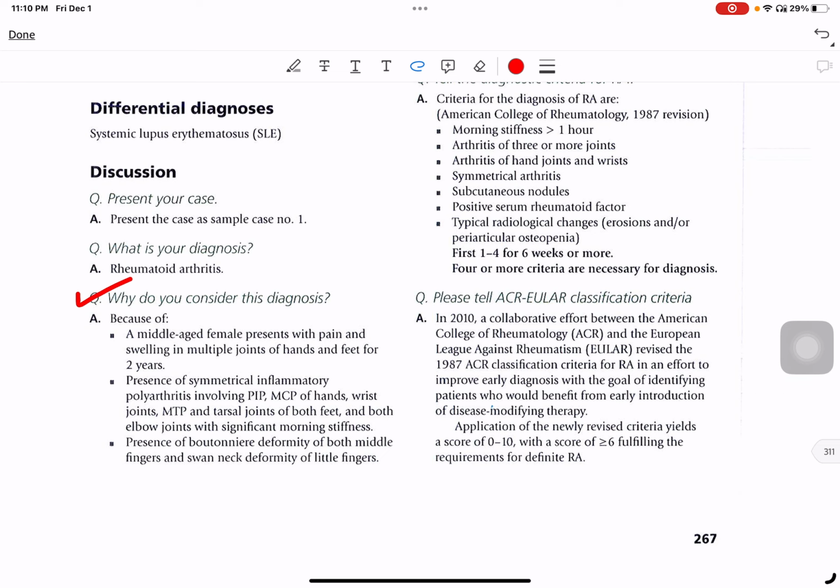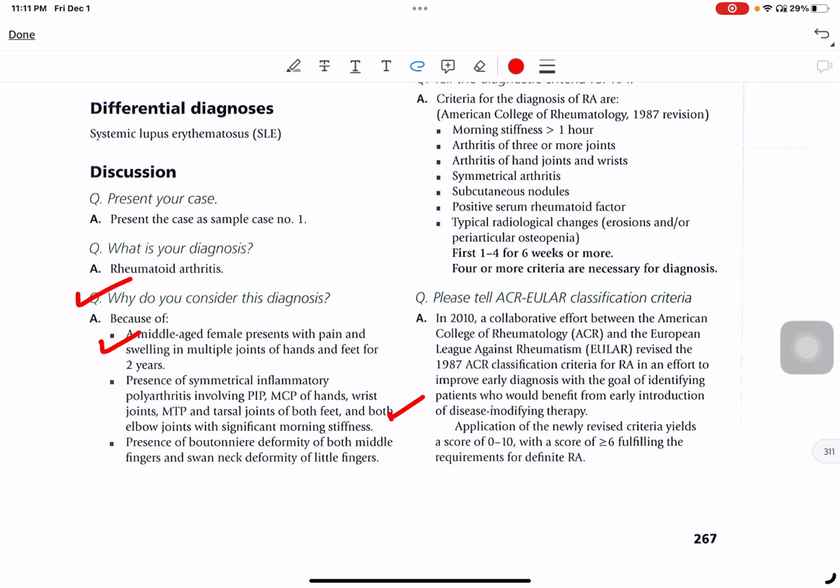This patient has pain and swelling in multiple joints which are symmetrical, with morning stiffness of more than 30 minutes or 1 hour. The duration was more than 6 months. So that should be mentioned first. Then we have to mention that the patient has polyarthritis involving PIP and metacarpophalangeal joints, wrist joint, and tarsal joints, both knee or elbow joints. That should be mentioned.